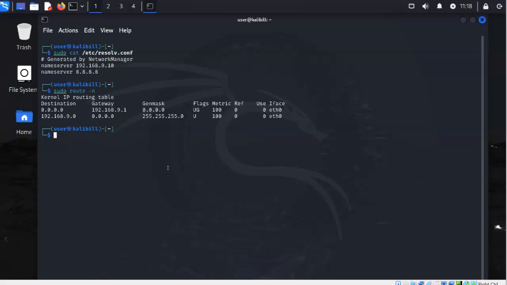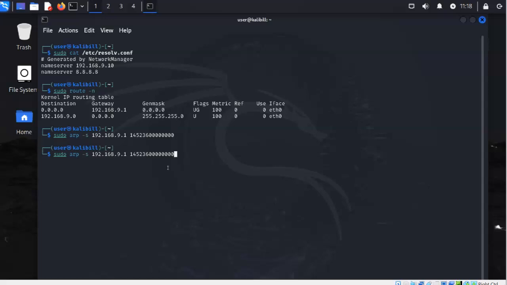So we're going to change the ARP entry of our gateway. So sudo arp -s. We're going to change the ARP entry for 192.168.9.1 to something else. Well, we can just make up a bunch of numbers. 1, 2, 3, 4, 5, 6, 7, 8.